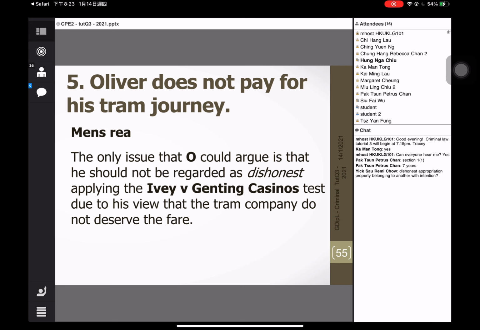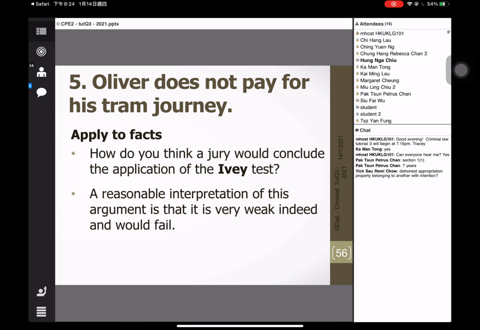Now, remember, before, when we were thinking about dishonesty, we were talking in terms of, let's think about section 2 first, 2(1)(a), (b), (c). We don't do that here because we're not dealing with theft. We're dealing with obtaining services dishonestly, and there's no equivalent of section 2 in this provision. So could Oliver argue that he should not be regarded as dishonest according to the test in Ivey and Genting Casinos?